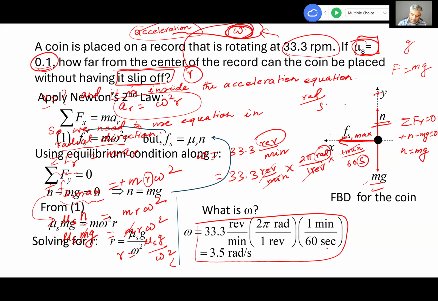Once you plug that into this R equation with this omega, then what do you get? You get 0.08 in meters.